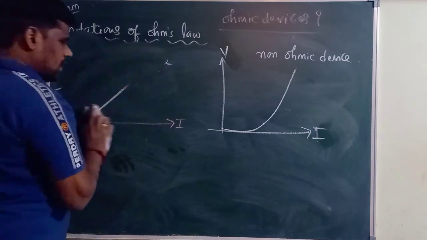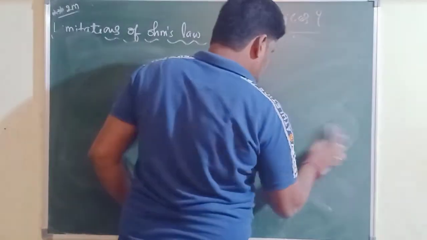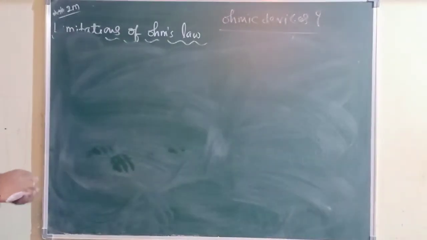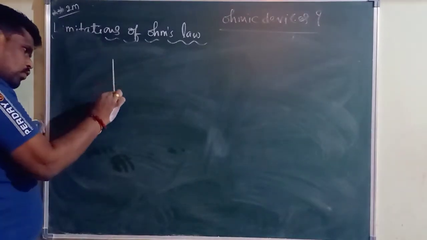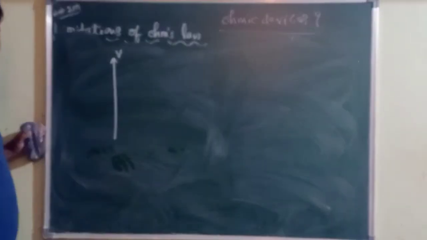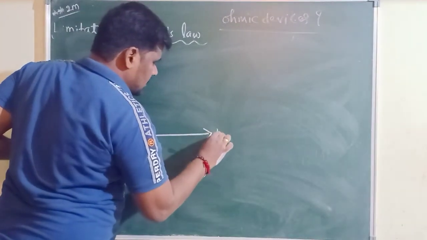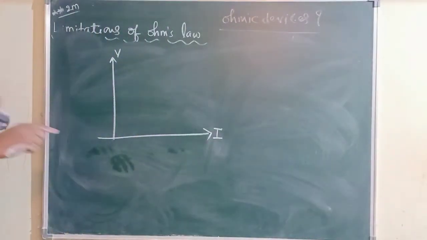One more important point to let you know here. Suppose you take the voltage applied across a conductor along the y-axis and the current flowing through the conductor along the x-axis, and plot a graph.